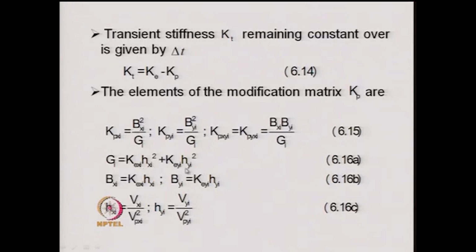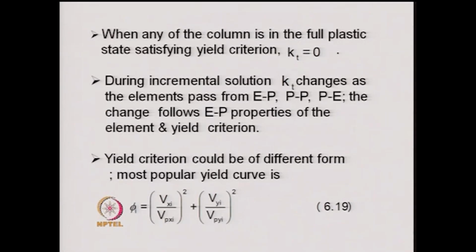So, at any given state, knowing the values of Vxi and Vyi, one can calculate the components of the Kp matrix, and with the help of these, one can generate the Kp matrix itself and get the transient stiffness matrix of the system at any instant of time t.